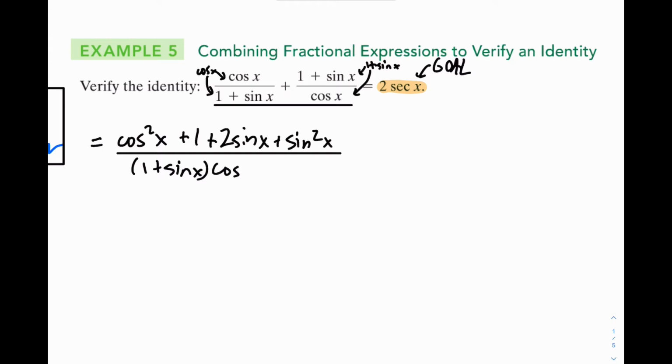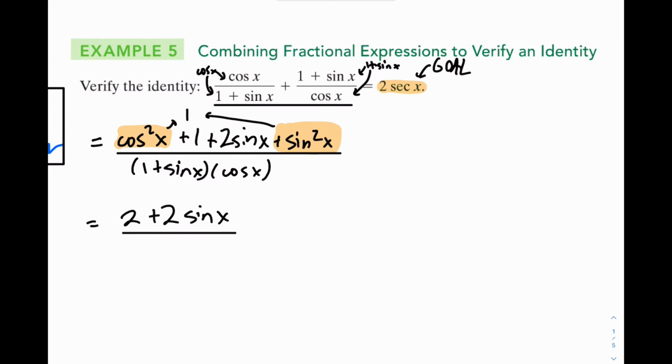And notice how I want to leave it factored on the bottom. And again, you want to highlight these two pieces right here and take a moment to think that you know what this is. These two things make 1. So now we have 2 plus 2 sine x all over our denominator right here.